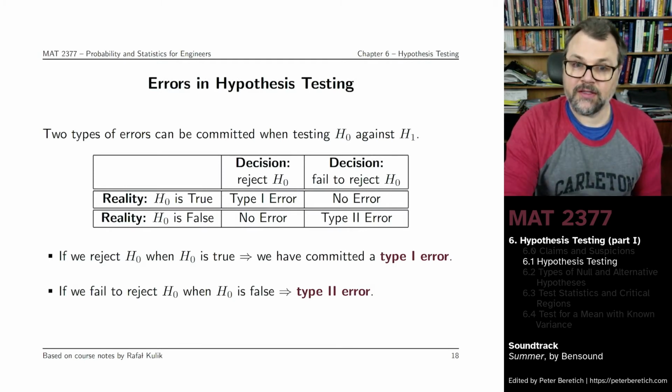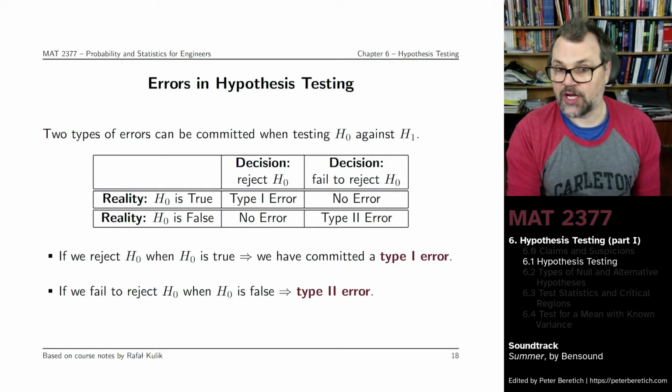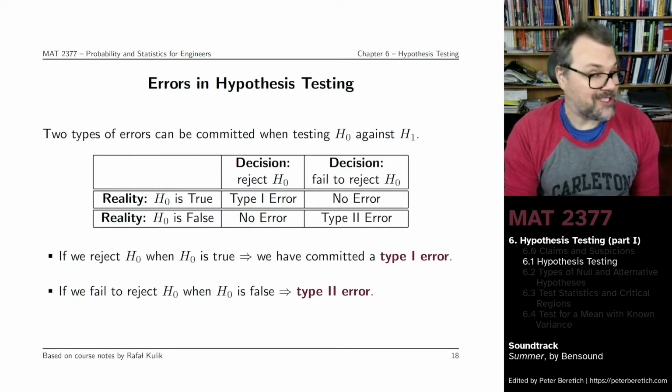If you fail to reject the hypothesis, there are two other options. Either in reality the null hypothesis was true, in which case you've committed no error by failing to reject it, or it's conceivable that the null hypothesis was in fact false. And then when you fail to reject it, you commit what we call a type 2 error.